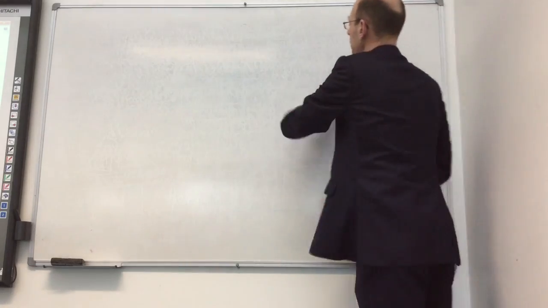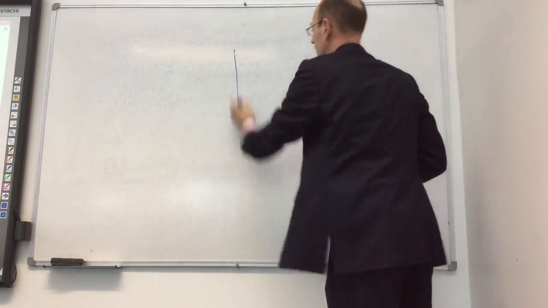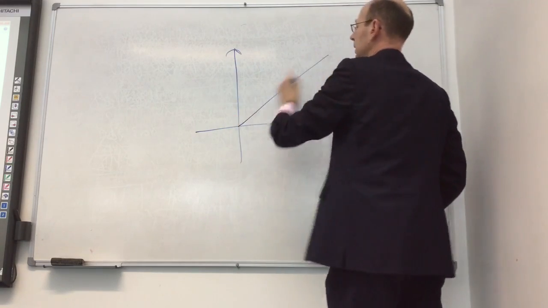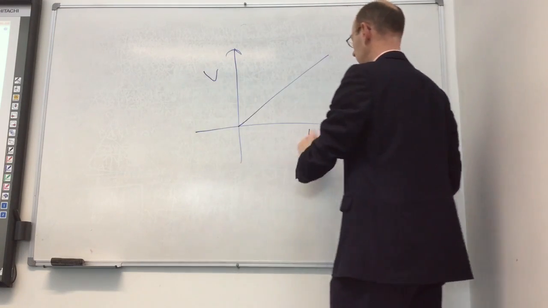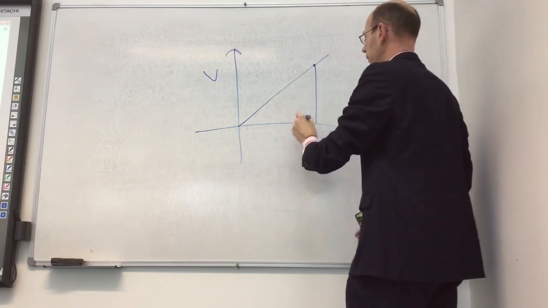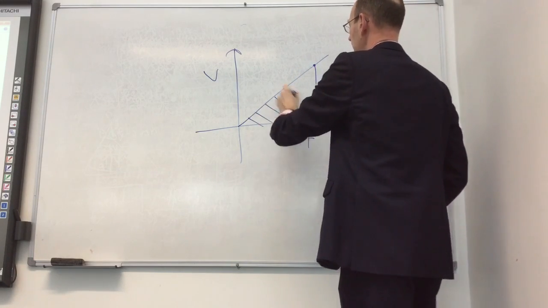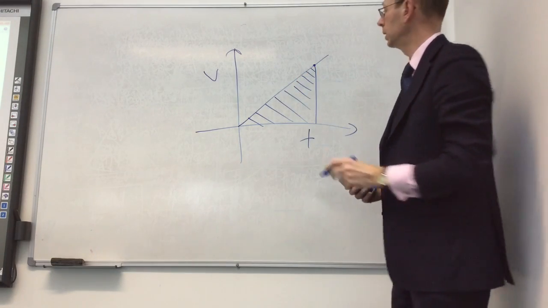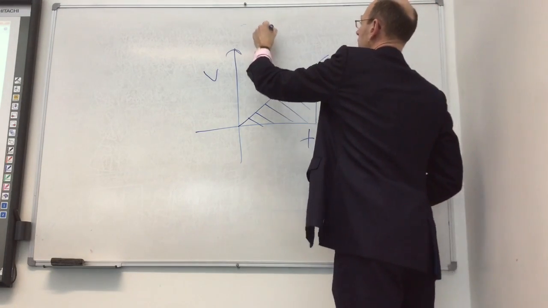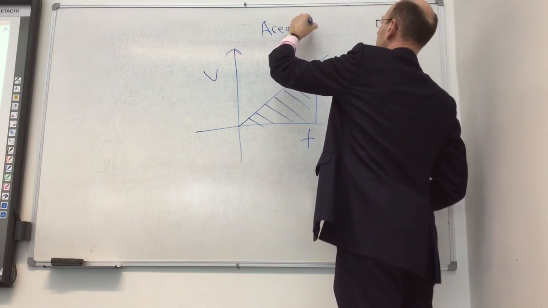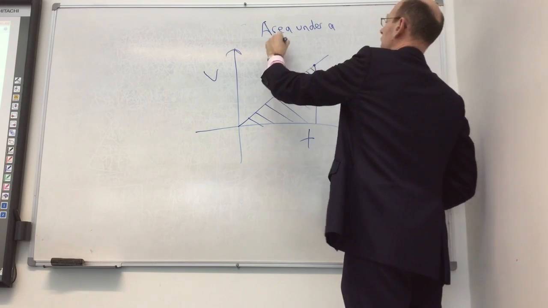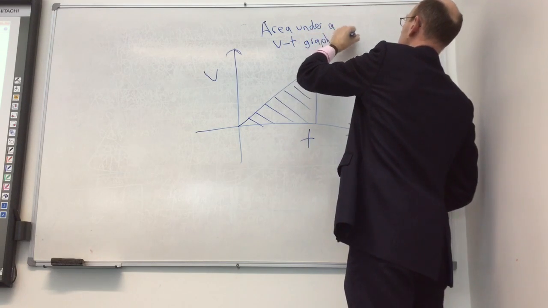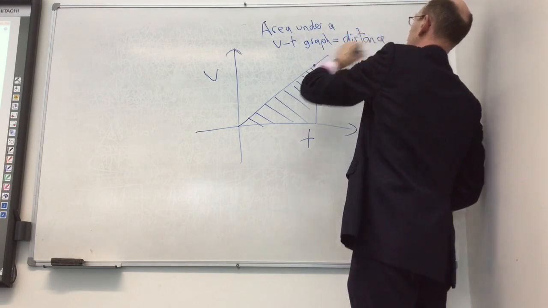One final quick point: if we have, again, an object that's accelerating like this, so the velocity is getting bigger, and we look at the first few seconds of the motion, this area under the graph tells us the distance that you've travelled. So the area under a velocity time graph equals distance travelled.